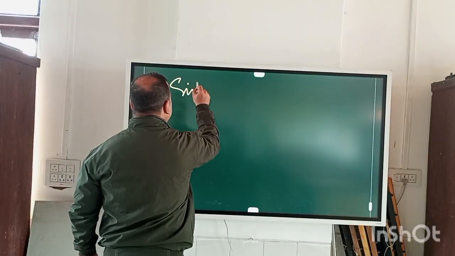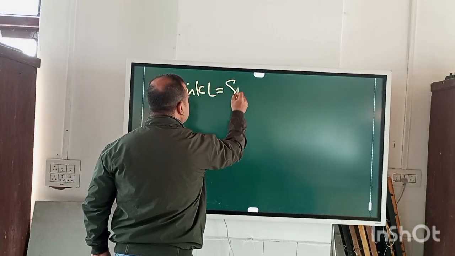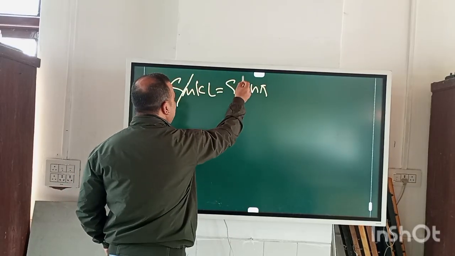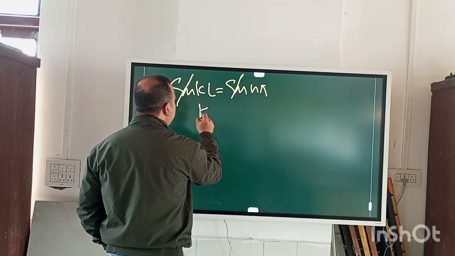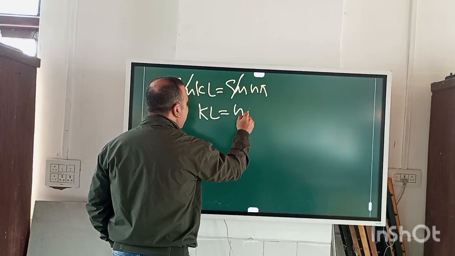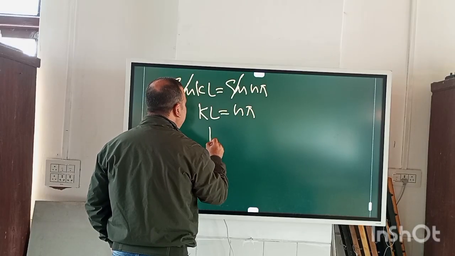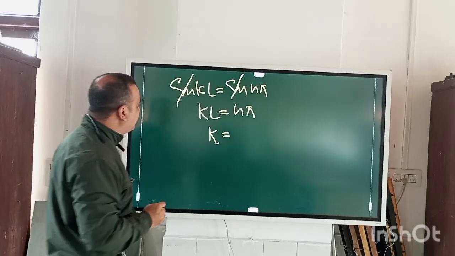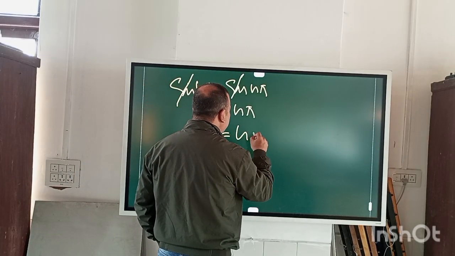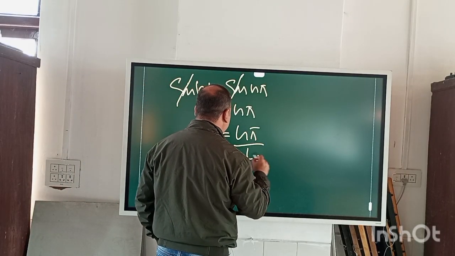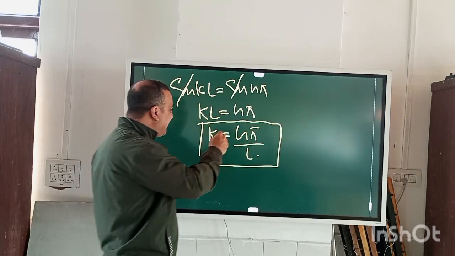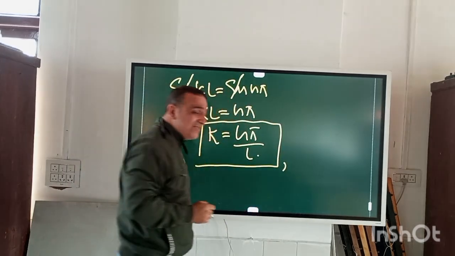So what can we do here? We can write down sine of kL is sine of n pi. And the sine and sine can be taken off. So kL is n pi. And this k that we had introduced in the Schrödinger's equation, this k is n pi by L. And what is important here is that n is an integral number.